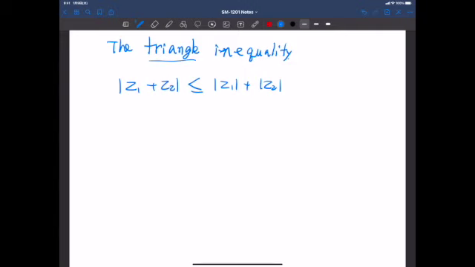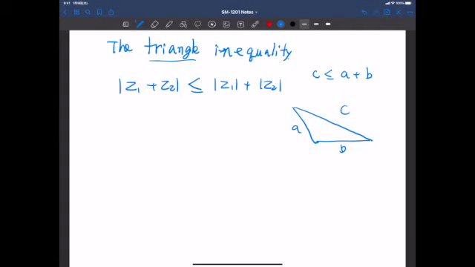So consider any triangle. Let's say something like this, and the lengths of these edges are, say, A, B, C. The length of one of the edges is always less than or equal to the sum of the remaining edges.